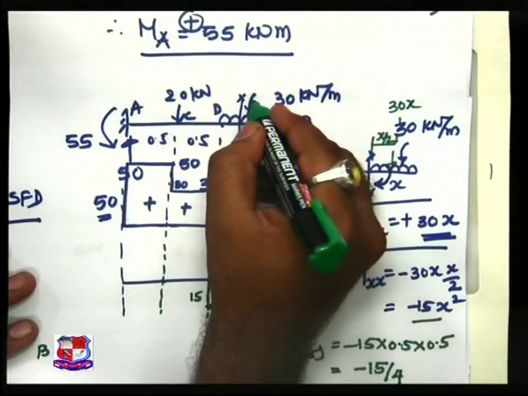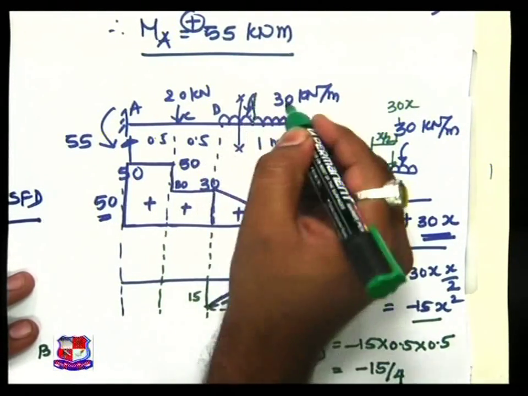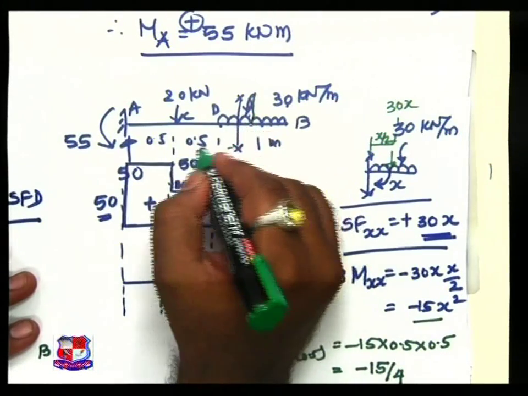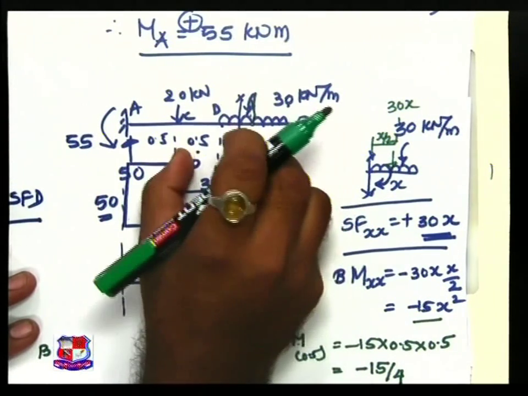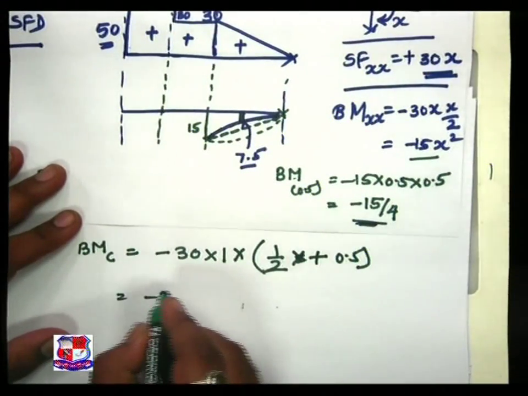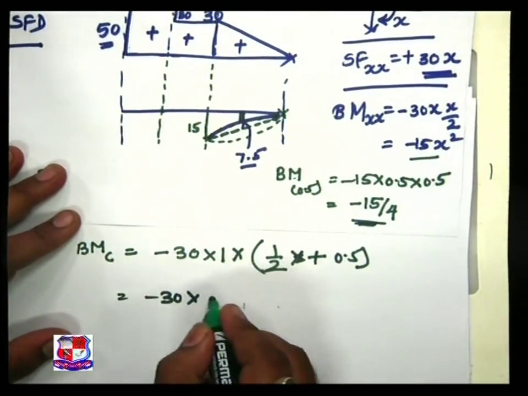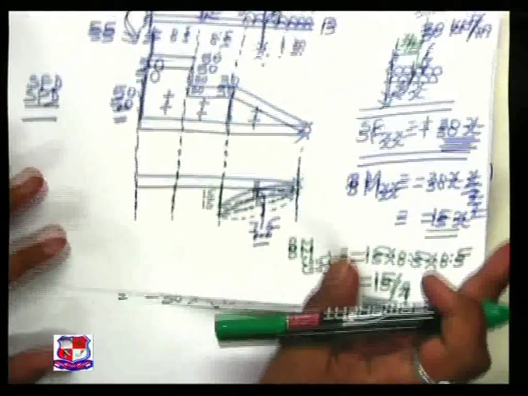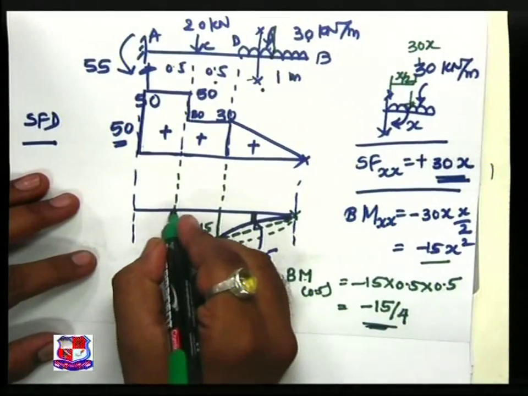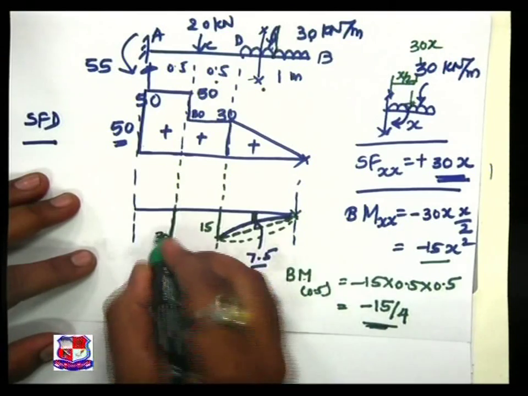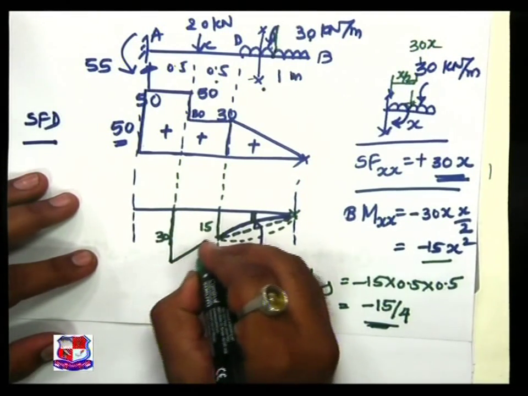This load is acting over here. 30 into 1 is the total load acting at the CG. So 0.5 plus 1/2 is the total distance. The same equation we achieve over here. So minus 30 into 1, that is minus 30. So we achieve this ordinate of 30, joined by an inclined straight line.